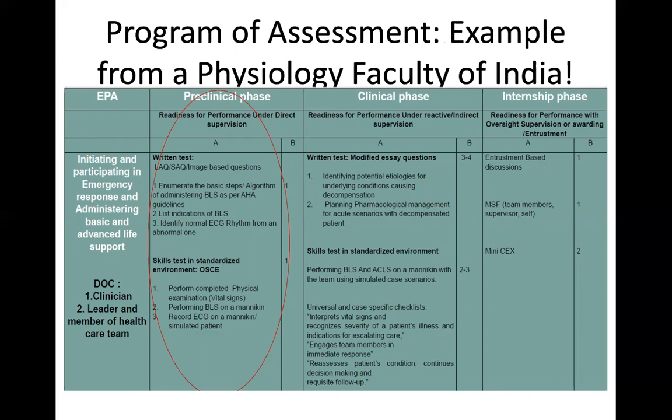So if you see here, the written test is there, the skill test is there, and even the workplace-based assessment is there. Multi-source feedback is also given in the intensive phase. And the oral exam based on the portfolio is also done here.